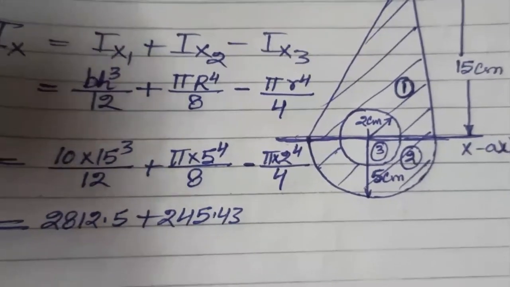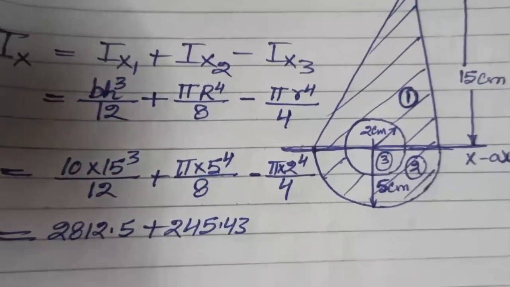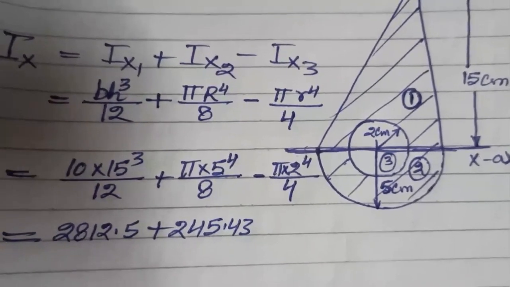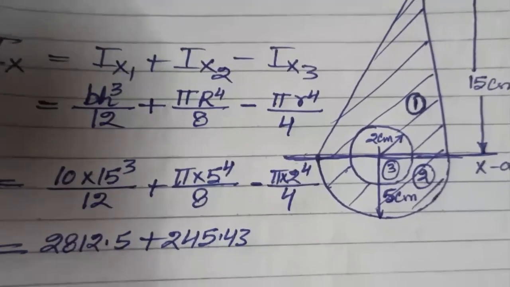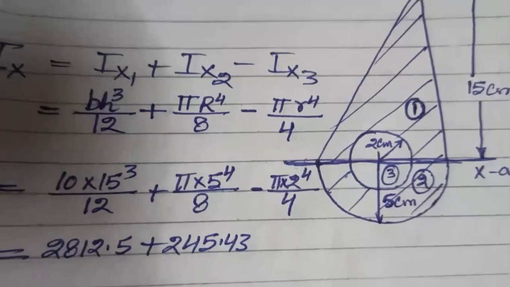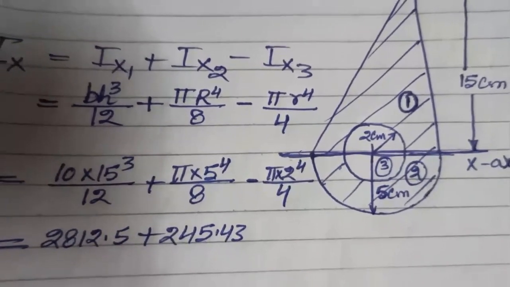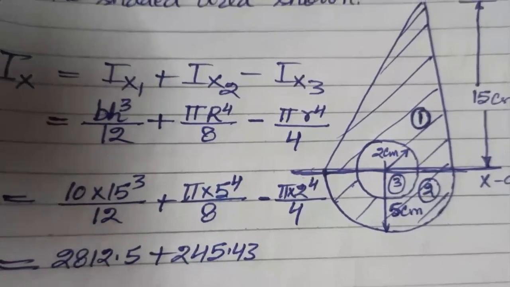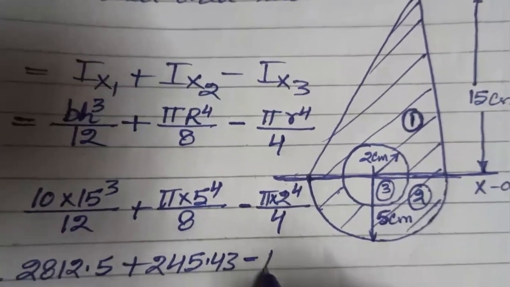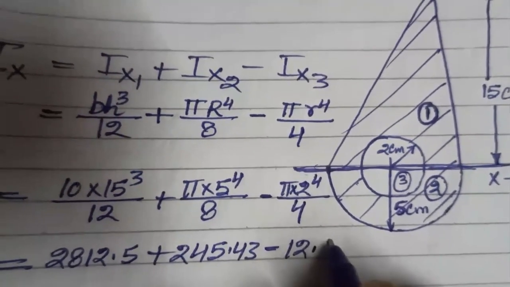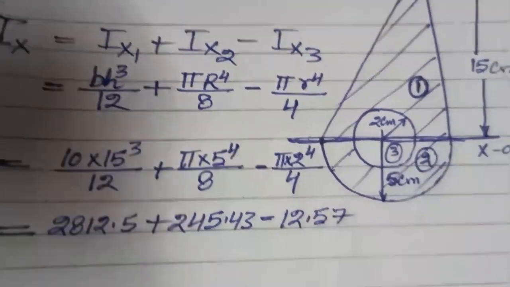And pi into 2 to the power 4 divided by 4 is equal to 12.57, so it is minus 12.57.